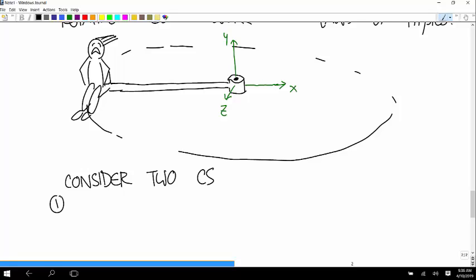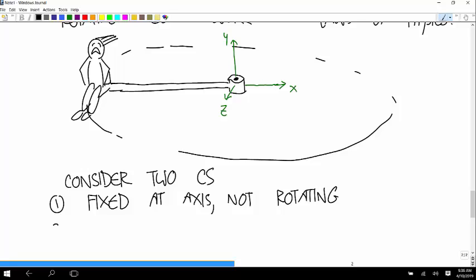The first one is fixed at the axis. You know, it's not rotating. The second one is rotating with the arm.